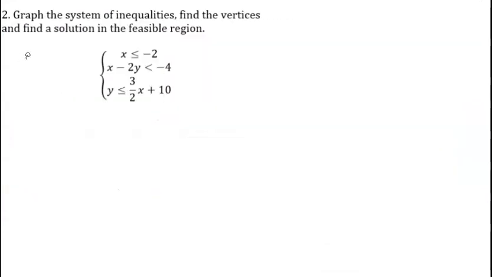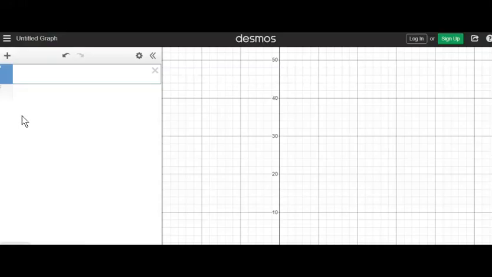Number 2. Graph the system of inequalities, find the vertices, and find a solution in the feasible region. So this is the same kind of thing. We'll graph these on Desmos, find the 3 points for your triangle. While we're graphing it on Desmos, to get the less than or equal to sign, first type the less than sign and then type the equal sign.